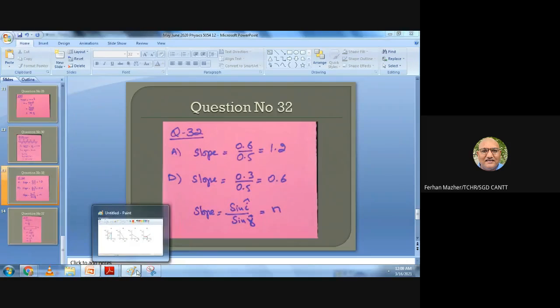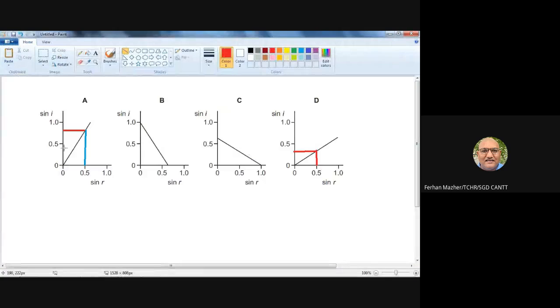You see, one thing more. You see how I find the slope? This is rise divided by run. So how do I find the slope of this line here? Rise, 0.3, 0.4 something, divided by run, that is 0.5. So rise divided by run gives you the slope, because on the y-axis we have sine i and on the x-axis we have sine r.